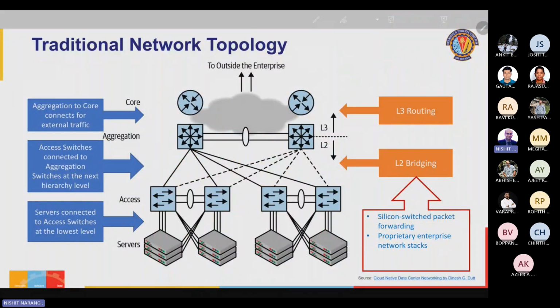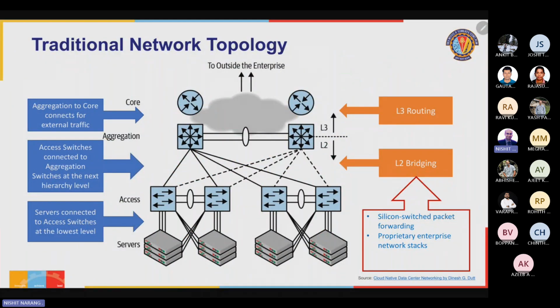If I send a broadcast traffic from server A to access switch 1, and let's say access switch 1 sends it to aggregation switch 1, aggregation switch 1 sends it to aggregation switch 2, aggregation switch 2 happens to send it back to access switch 1, access switch 1 has no way to check that it's the same traffic that it had originally received. It sends it back again to aggregation switch.